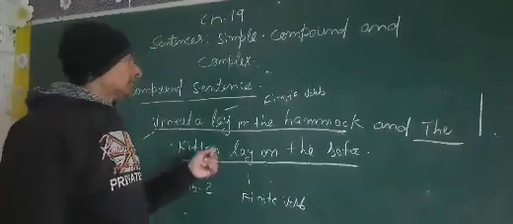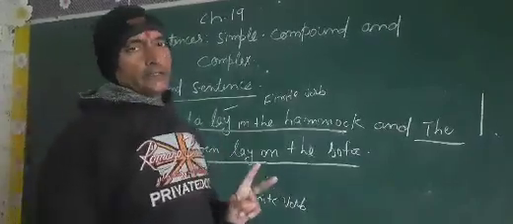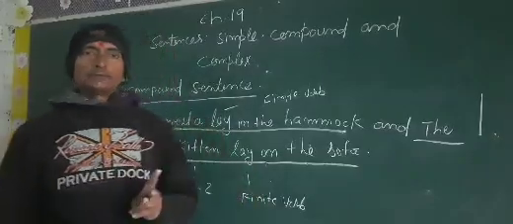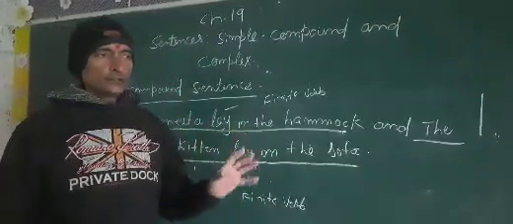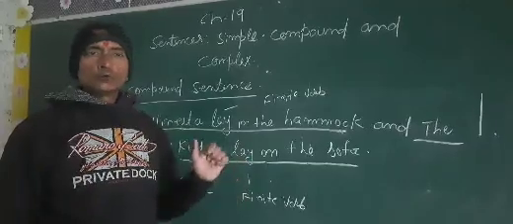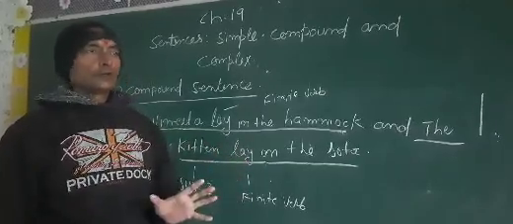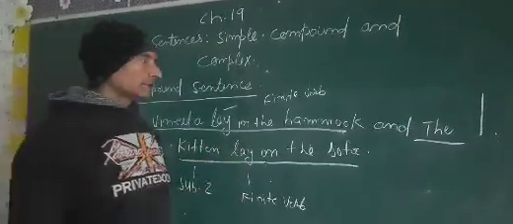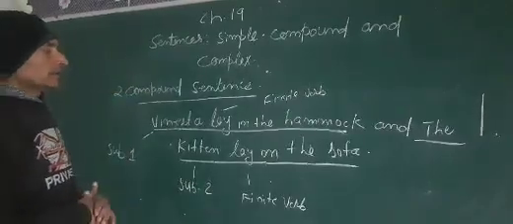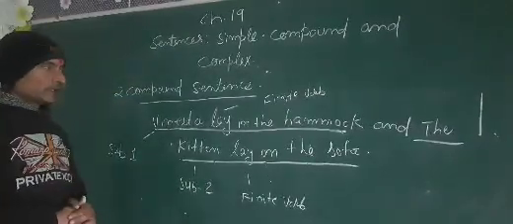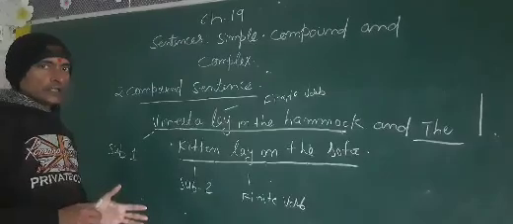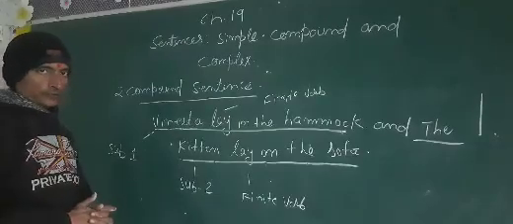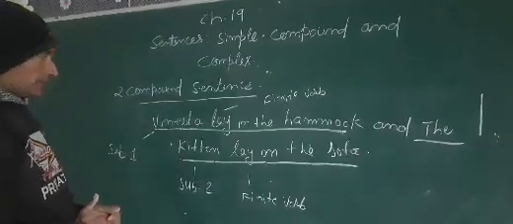So there are two independent clauses. We can identify them as two principal clauses or two coordinate clauses, because they are same meaning clauses which are coordinating with each other. They are called coordinate clause, or principal clause.